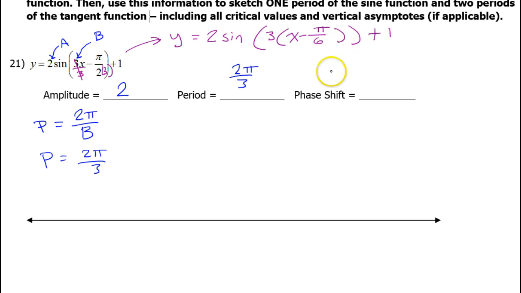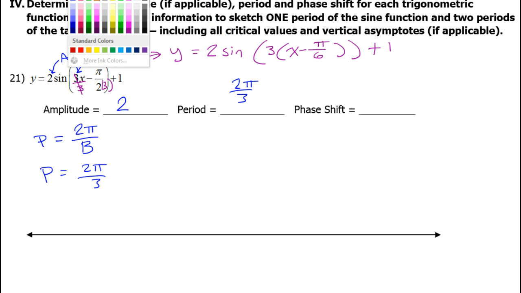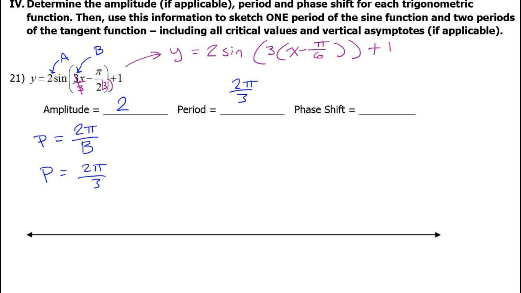So I will just have x minus, and then here I will have pi over 6. Now, okay, this value, we call it the h value. I've got a, b, and then I've got h and k. This h value is really the phase shift.